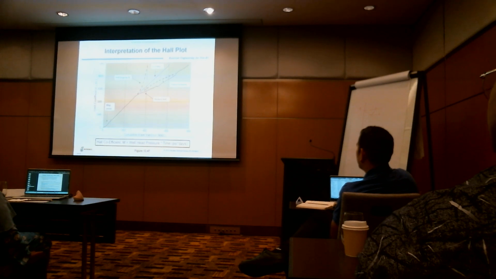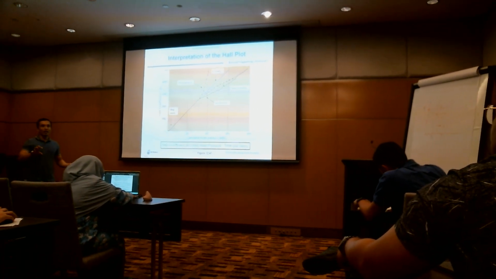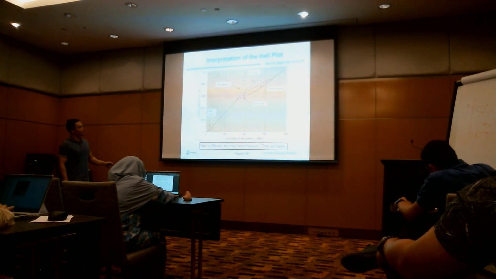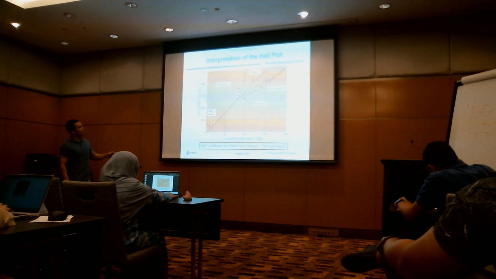Okay? This is the one I said earlier, you need to know the clay impact, right? All those can cause plugging. For example, if you do the Hall plot here, the Hall plot is just THP versus cumulative water injection. If you have a good plot, you will have this 45-degree line. But if you deviate from this 45-degree line and it goes up, it is an indication of well plugging.